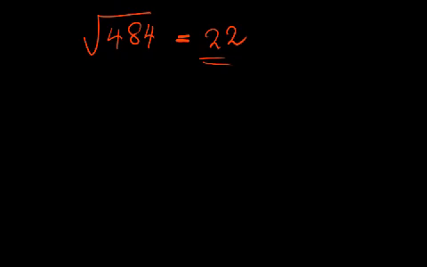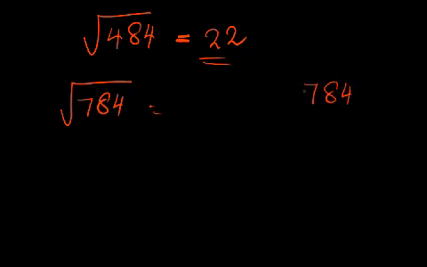Suppose you get a question, what is the square root of 784? First of all, factorize 784 like this. 784 is an even number, so it is divisible by 2. 784 divided by 2 is 392.